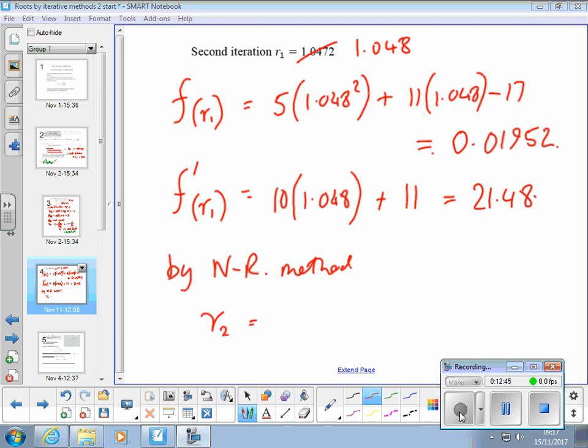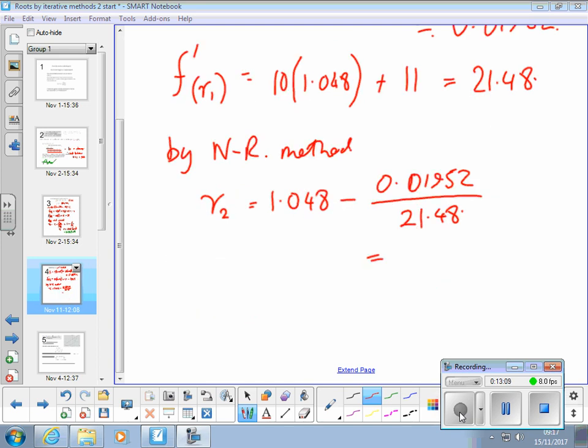The new guess is the old guess 1.048 minus the value of the function at the new guess over the first differential, which equals 1.0489, which rounds to 1.05 to 3 significant figures.